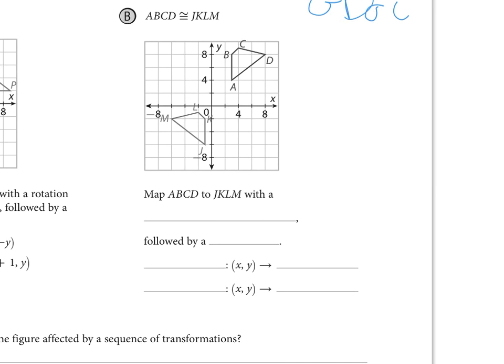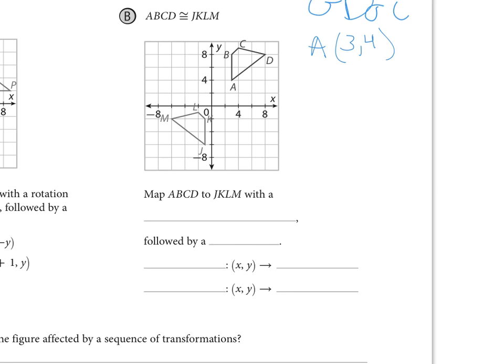A is going to start out at the point (3, 4). And let's see how we can get that to where it needs to be. Well, it looks to me like it needs to slide down, okay?